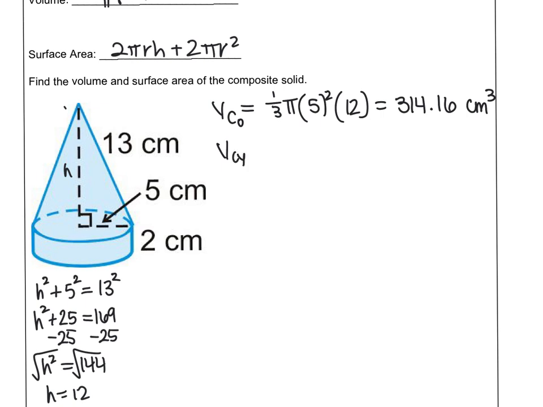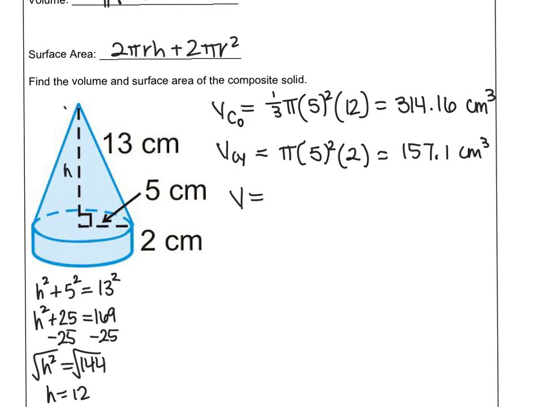Now we want to find the volume of our cylinder. So pi times the radius is still 5, and then the height of the cylinder is 2. So pi times 25 times 2. It's going to give us 157.1 centimeters cubed.